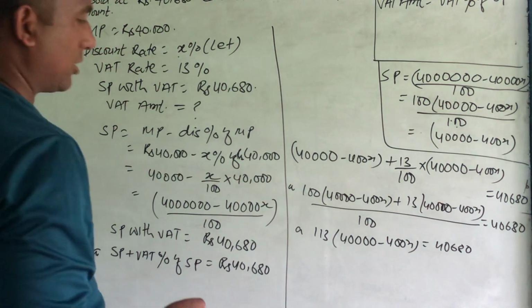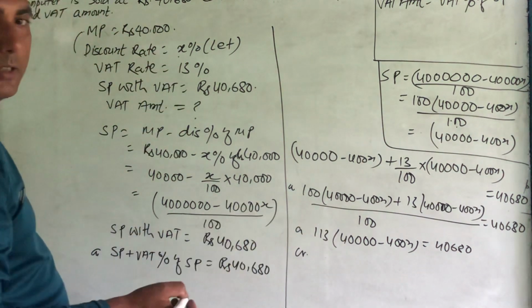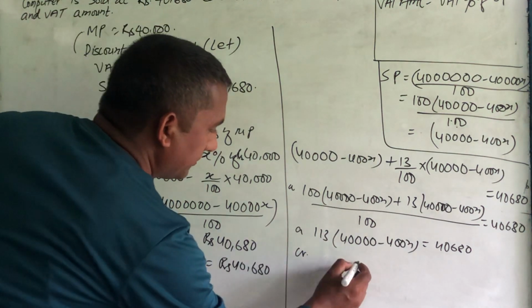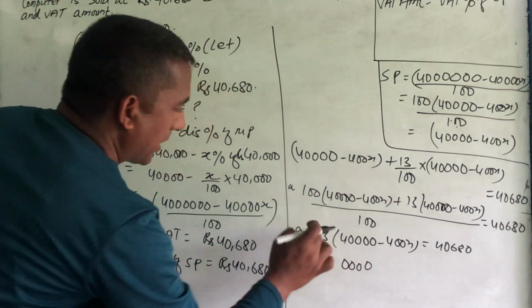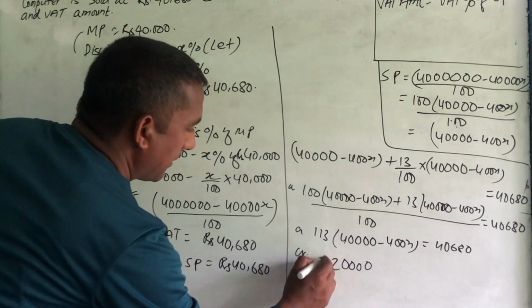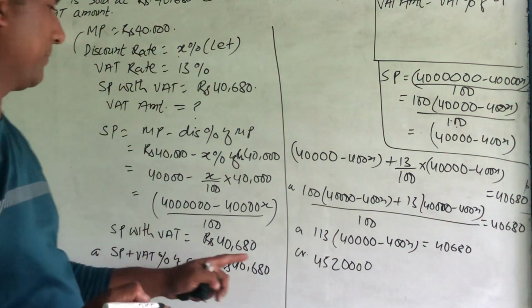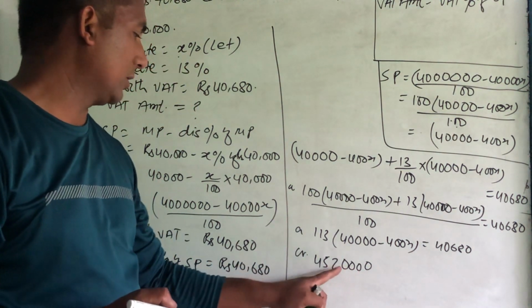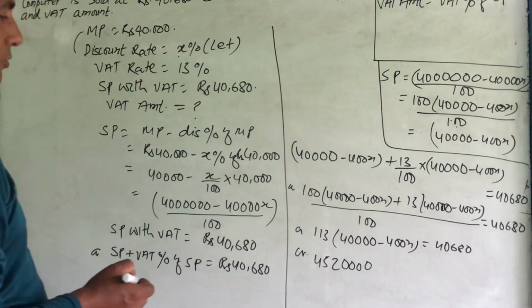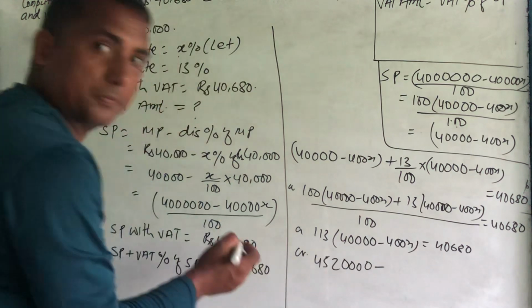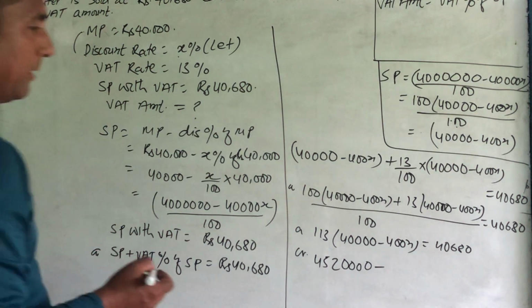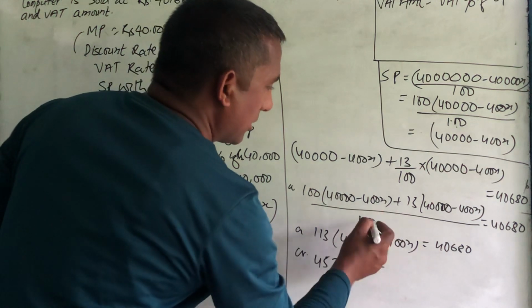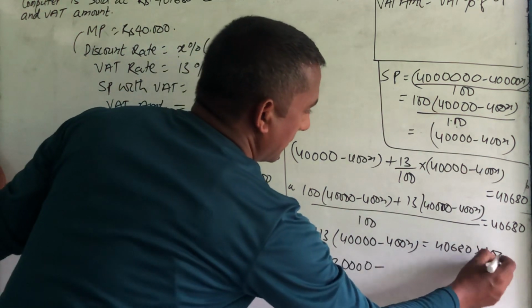So students, you can solve it now. Multiplying this 113 and 40,000, you will get 45,20,000 minus, multiplying this 100 here.